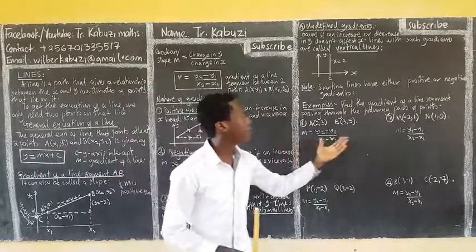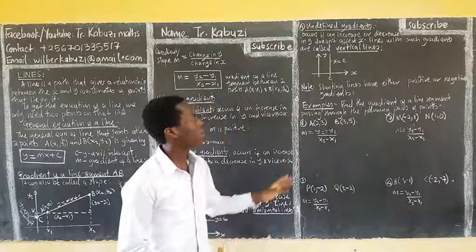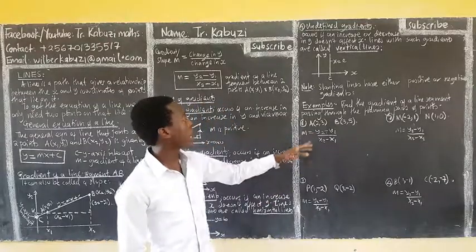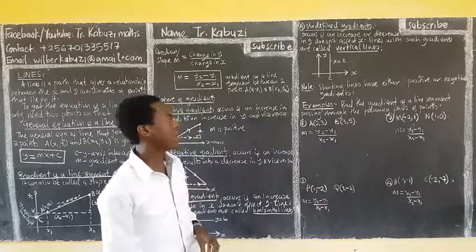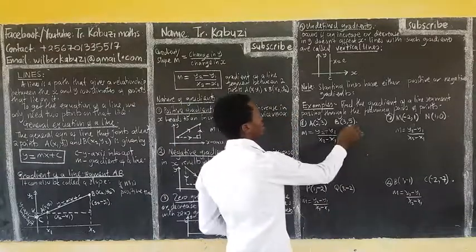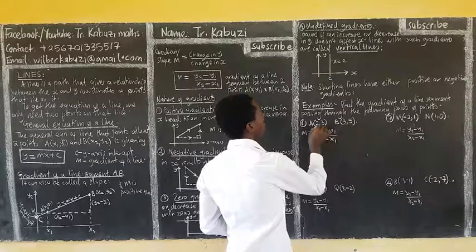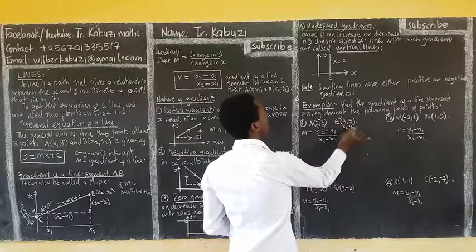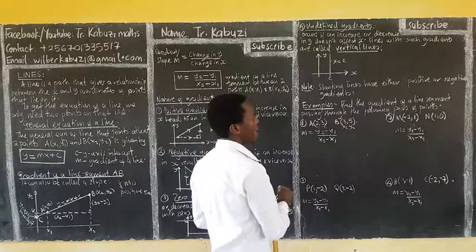Let us see how we find the gradient of a line segment passing through these points. The formula is here. All we need is to name the points. So if I call this x1, y1, and this x2, y2, I just substitute into the formula.